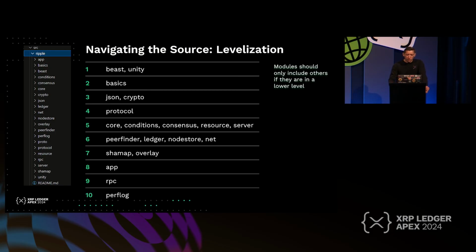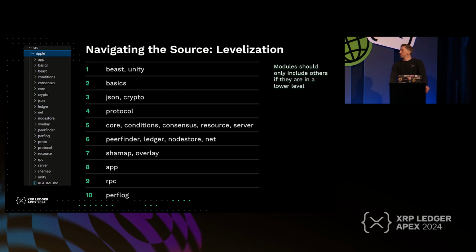I just wanted to go over some of these directories so you have an idea of what's going on in there. Beast, Unity, Basics, JSON, Crypto. These are some utilities that have things like string utilities, IP address conversions, JSON serialization. Next, we'll move on to the protocol. Protocol is a very important repository directory as it has a lot of definitions on our actual protocol.